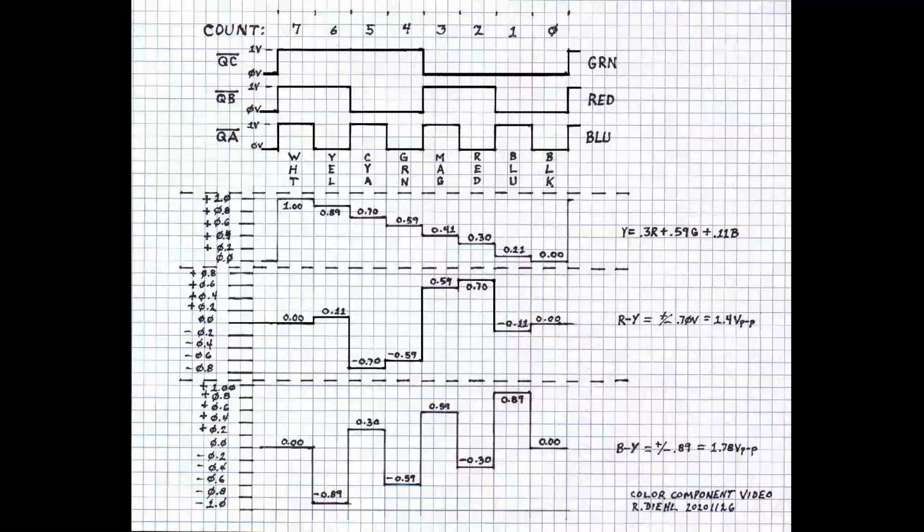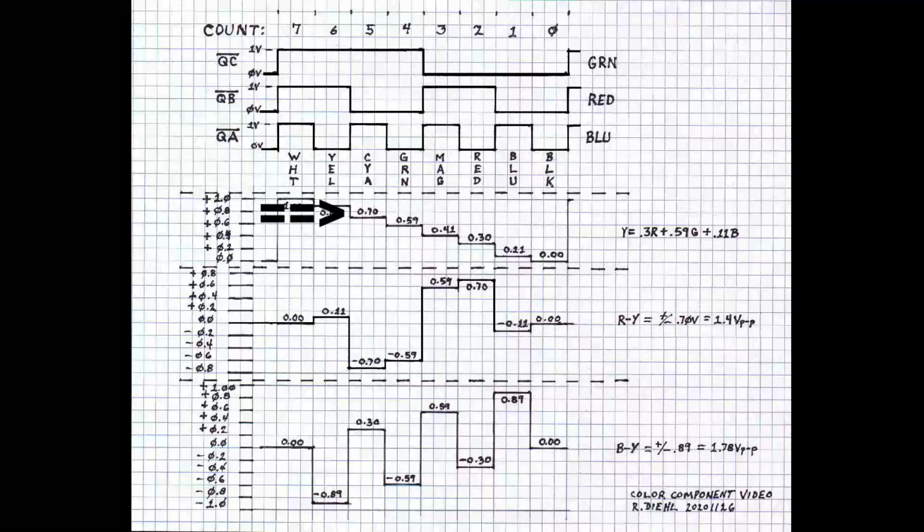You'll note that the yellow is the brightest of the primary colors, and it has a brightness value of 0.89, and that is what you get when you add 0.3 and 0.59 together. The red and the green are added together there, and that's 0.89, or it's 1 minus the 0.11.